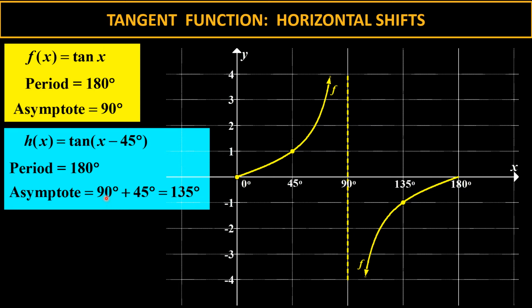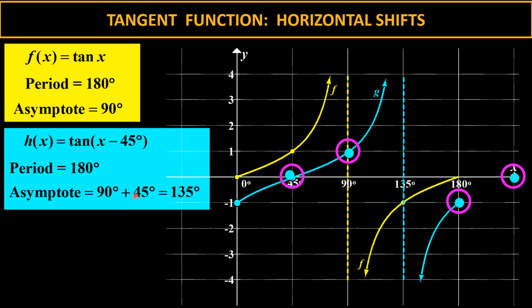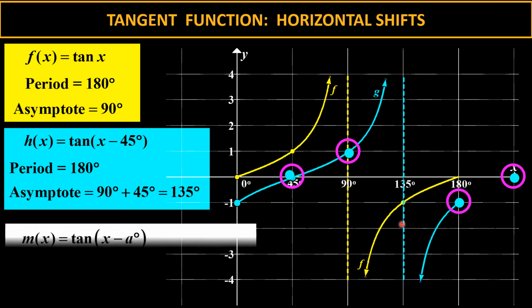So in other words, the asymptote at 90 degrees will move 45 degrees to the right, and all the points will move 45 degrees to the right. Okay, and if we draw the graph, that is the tangent graph that we have, right? And you can see the asymptote now is not at 90 anymore, but at 135, right?